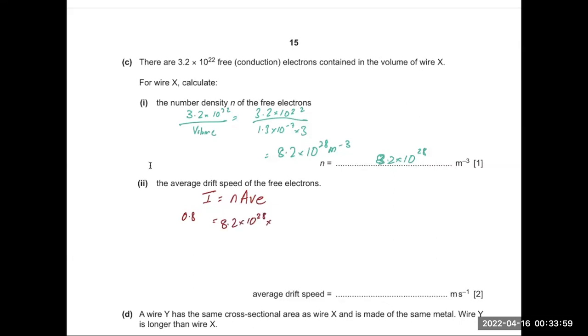A is the cross-sectional area of the wire, 1.3 into 10 raised to the power minus 7. V is the drift velocity, or the drift speed. E is the charge of an electron, 1.6 into 10 raised to the power minus 19 coulombs. You rearrange, make V the subject of this formula, and solve for V. And that gives us V equals 4.7 into 10 raised to the power minus 4 meters per second.